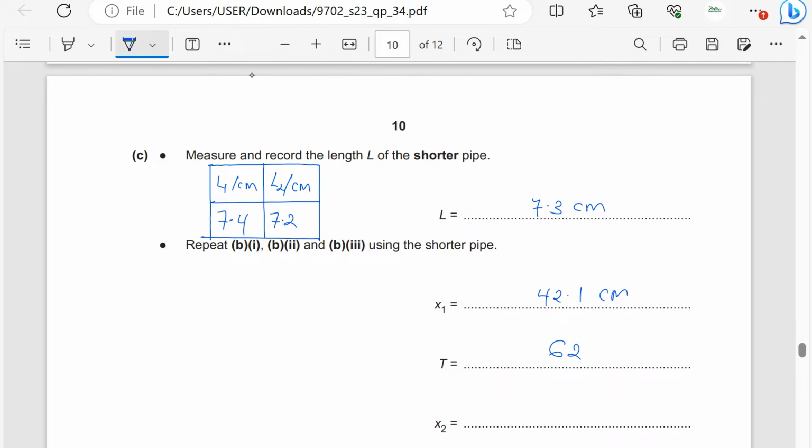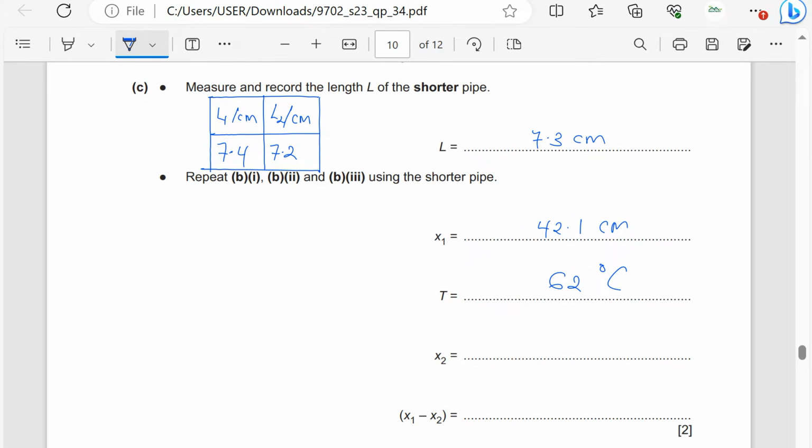Then she repeated for x2 and her value of x2 is 41.9 centimeters.